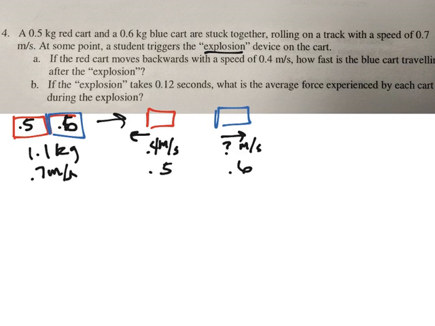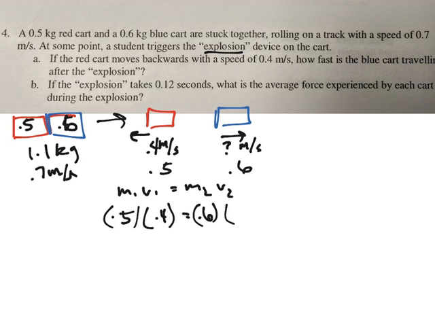So how fast? Well, this is a classic M1 V1 problem. So we have M1 V1 is equal to M2 times V2. We have 0.5 kilograms with a speed of 0.4 meters per second is equal to our mass of 0.6 kilograms times our unknown velocity, V2.